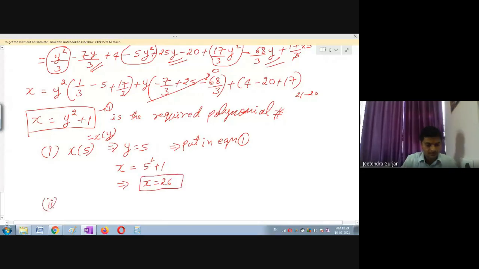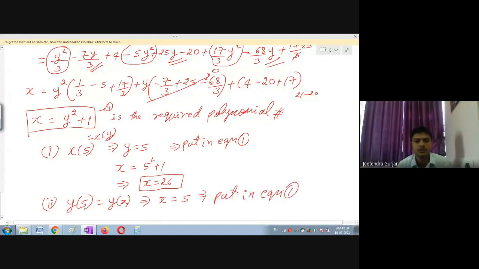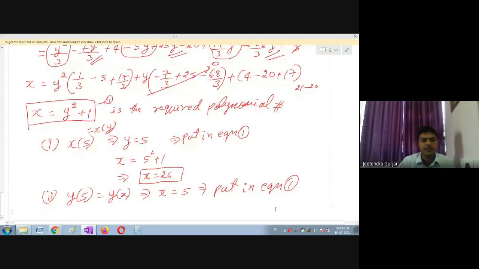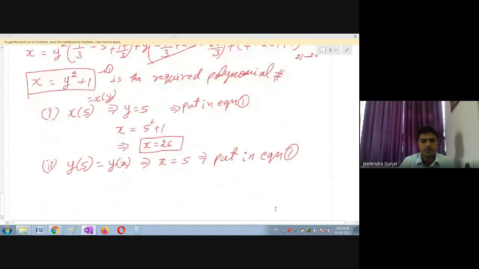Second case, they have given y of 5, right? Same way again, this is y of x. That means x is equal to 5. Then put in equation 1. So in equation 1, I will put. So what will you get here? So 5 is equal to y square plus 1, or I will just bring minus 1 this side.